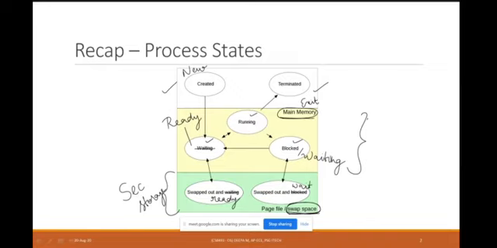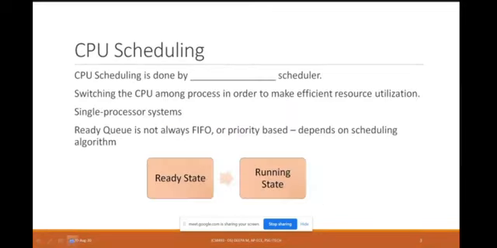Can anyone type in what did we see for this secondary storage space? What is the term that we used to refer to this secondary storage space in case the main memory does not have space? Good, it is a backing store.